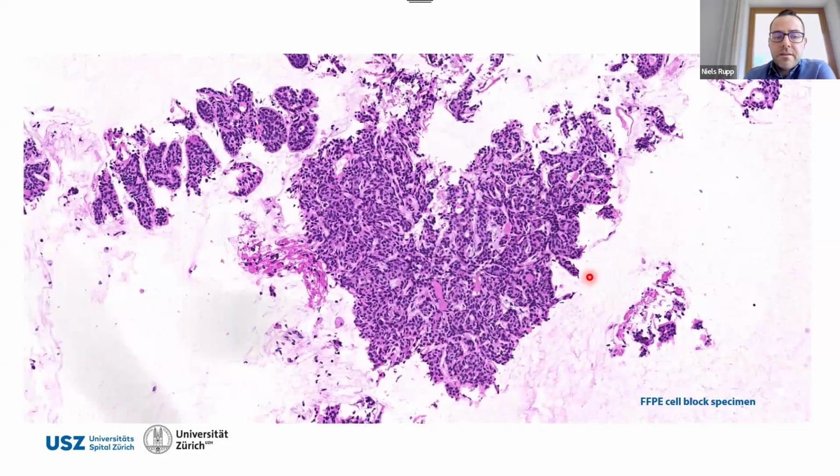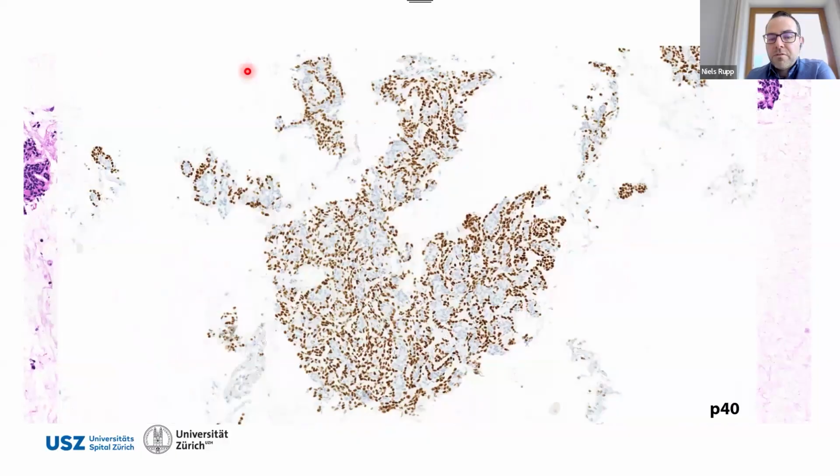Here's another case, also a cell block specimen. Here it's very difficult, almost impossible, to really see that this is a biphasic neoplasm. Here's a little bit of duct formation. That's always what I do when I look at salivary gland neoplasms: the first thing is to look if I can find some ductal formation. Here's some, and here you can see the P40 immunohistochemistry.